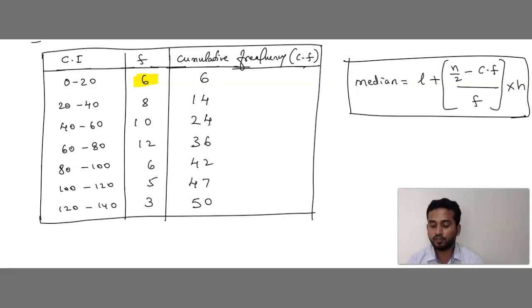First, what we have to find? In this median, very importantly, before you find any terms in the formula, first you should know the value of n by 2. Condition number 1, you should know the value of n by 2.